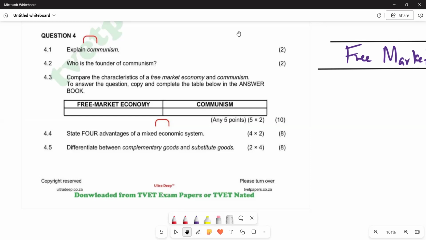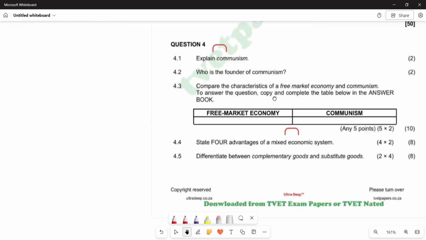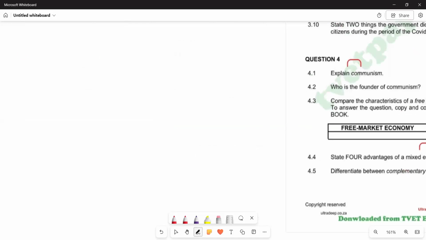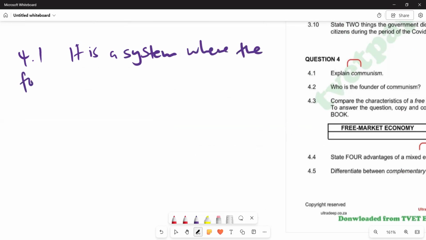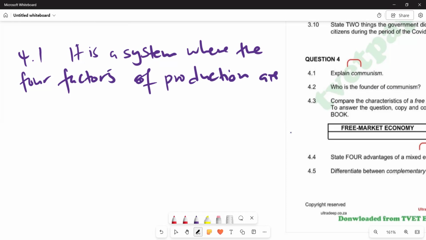So if you try to bring it down now on 4.1, the explanation that we have on communism is that it is a system where the four factors of production are owned by the government.